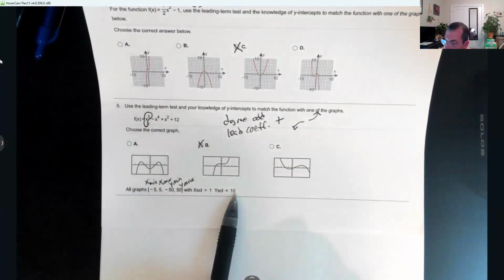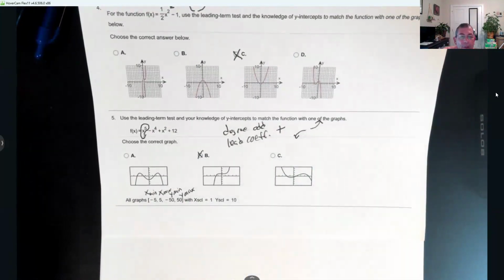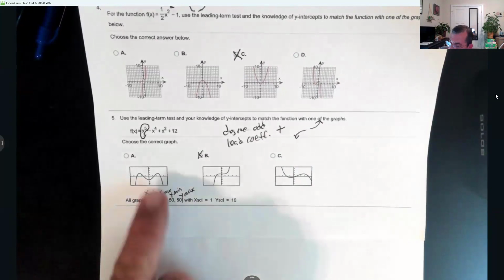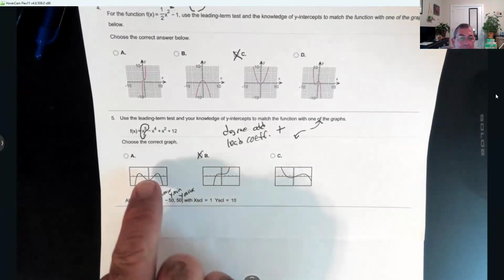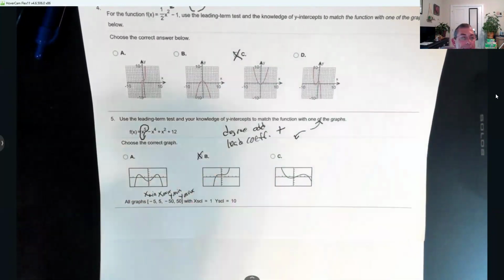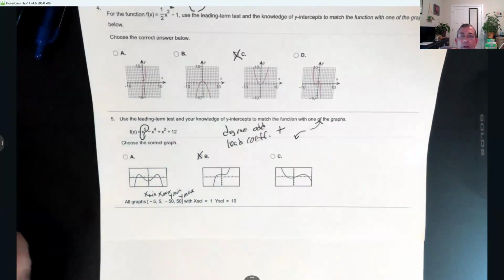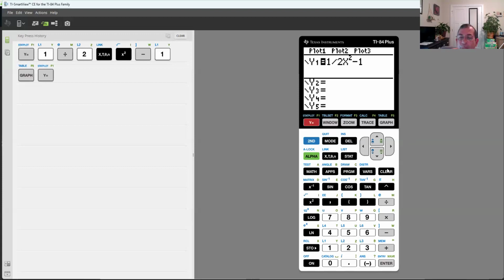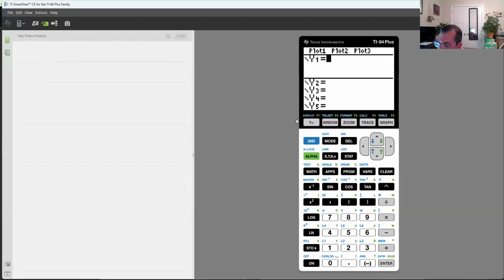So let's go to our graph, and I'm going to show you how to put these numbers in so that you can match these graphs perfectly. So we go to our graph and calculator. All right, I'm going to go to y equals and clear everything off. So my actual function was x to the 5th.